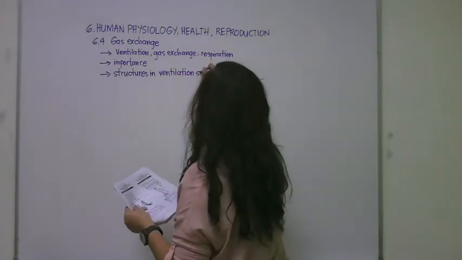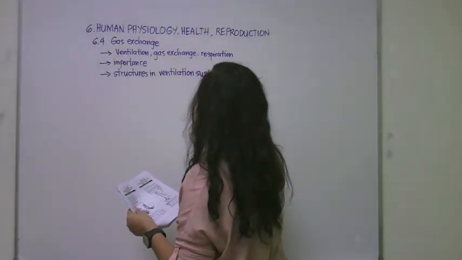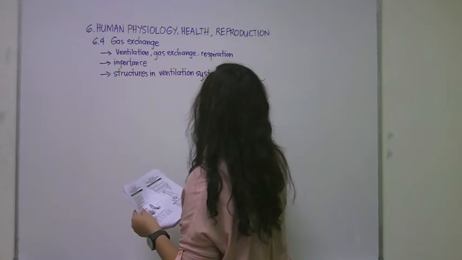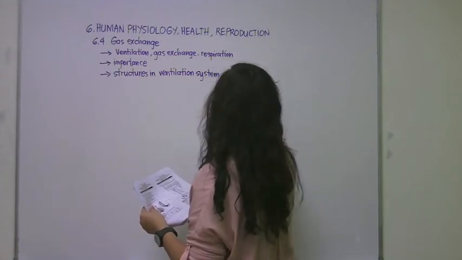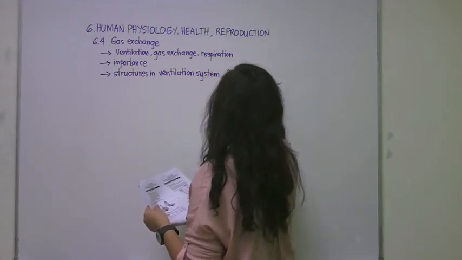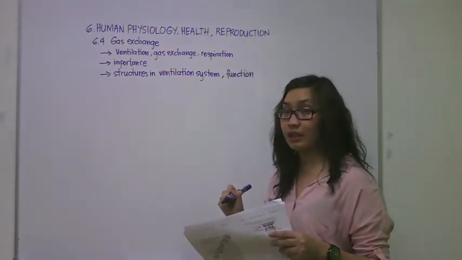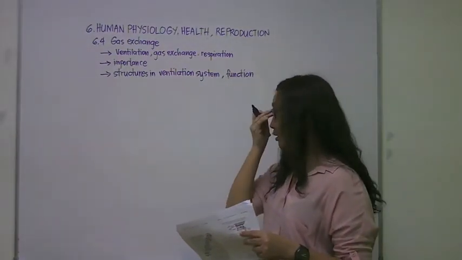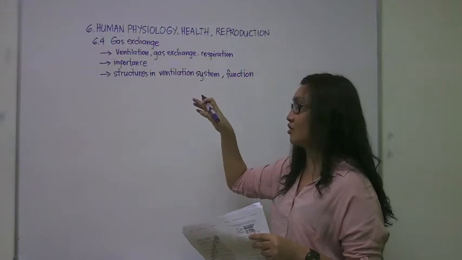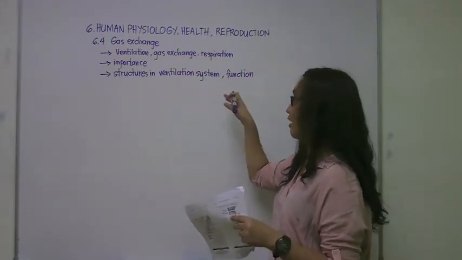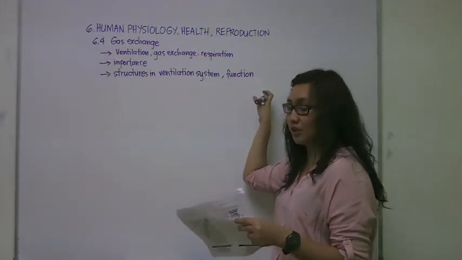Once we have identified the structures, it is very important for the students to learn about the function of each structure, because for sure there will be differences in how the structures are arranged, because they are serving a specific function.